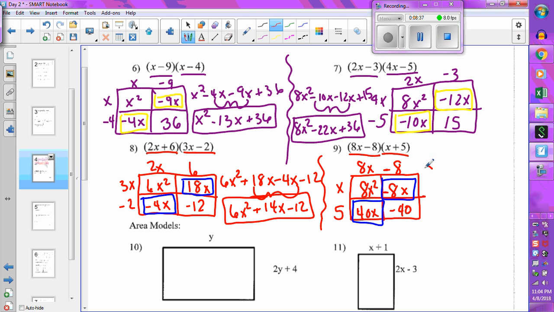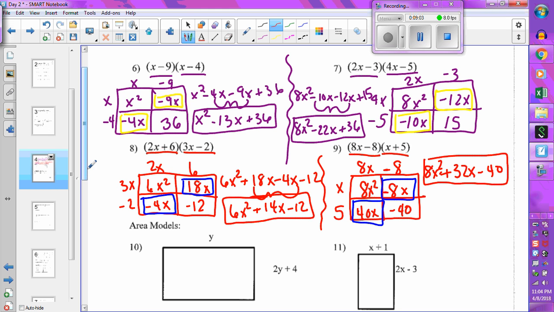So I have an 8x squared, or to the second degree. Now I have a positive 40 and a negative 8. So that's like we have $40. And if I have $40, but I owe someone $8, that means that I'm going to have a positive 32x and negative 40.